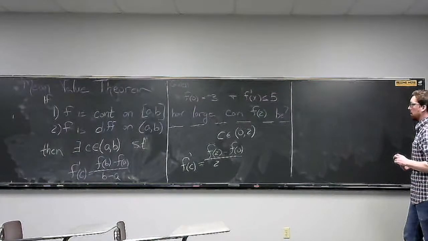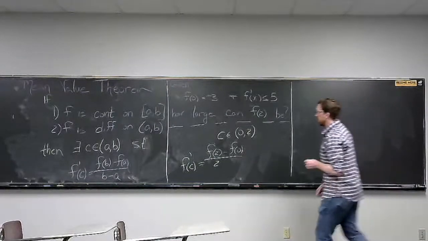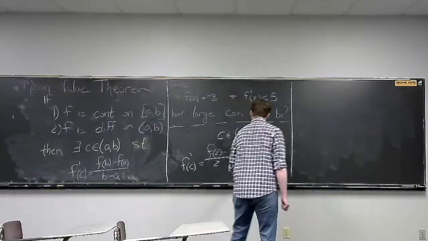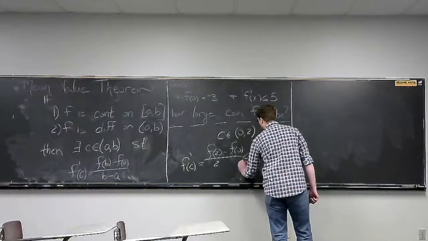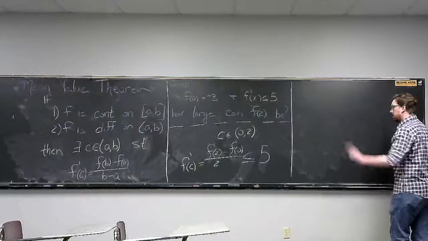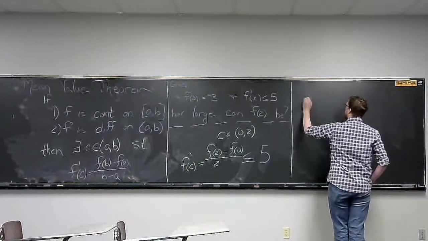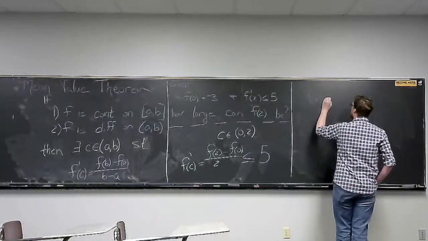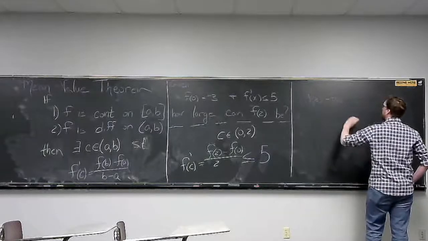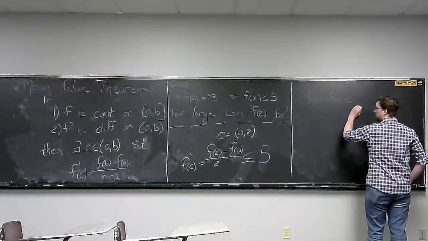Well, we know something else. We know that f prime at c is less than or equal to 5. So this tells us then that (f(2) - f(0))/2 is less than or equal to 5.